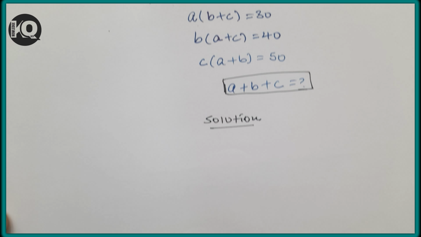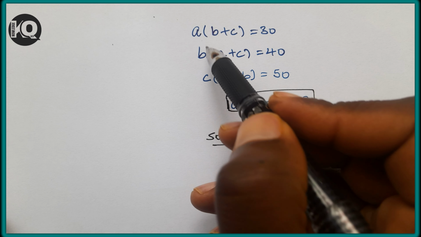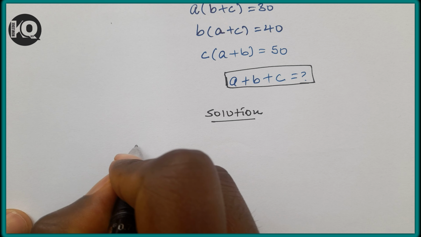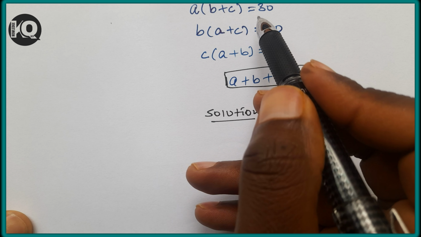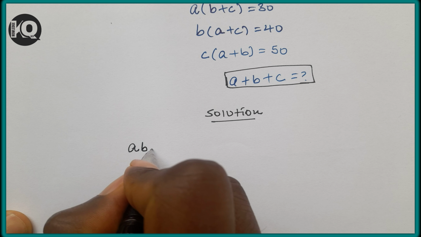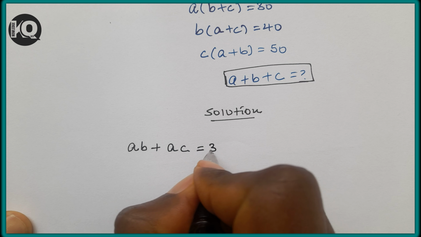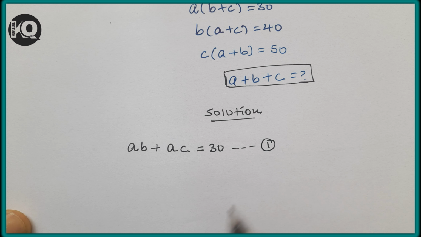In the first step, we have to distribute the coefficients, that's a, b, and c. So for case 1, a times b plus a times c is equal to 30. Let's say this is equation 1.